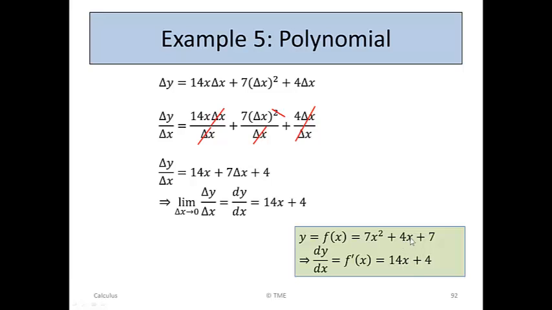In the case of differentiating 4x, we just call it 4, because we know that the coefficient before the x is the only thing that stays, and differentiating a constant we get 0. So 14x plus 4 is dy dx of this function, as we got through first principles also.